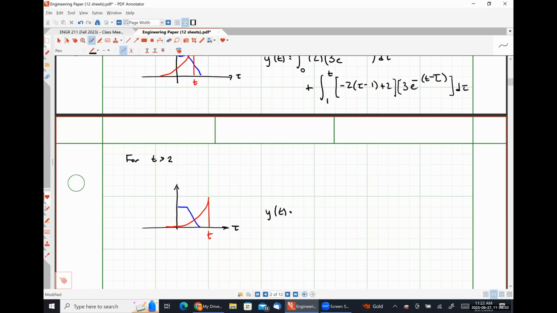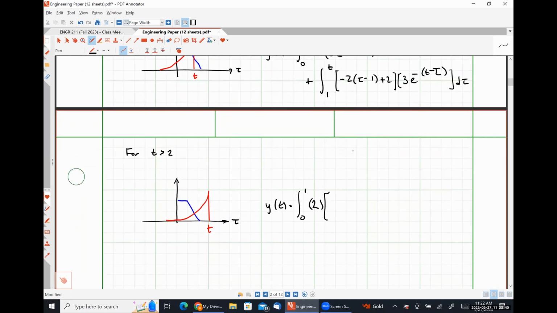So here we're going to have the integral from 0 to 1 of 2 times 3e to the negative t minus tau d tau, plus the integral from 1 to 2 of negative 2 times tau minus 1 plus 2 times 3e to the negative t minus tau d tau.